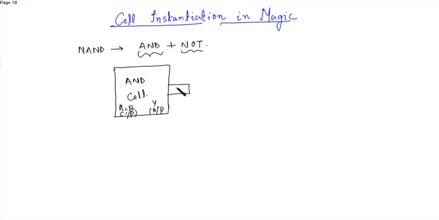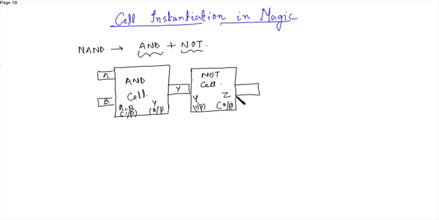This Y will be given as input to the NOT gate cell, where Y is the input, Z is the output. This is Z. So this is the cell instantiation process.